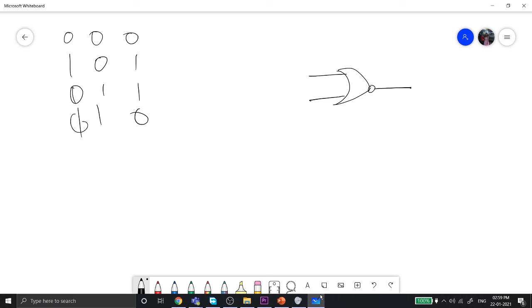Let's connect the outputs of two AND gates. If both inputs are the same, the output should be 0. So to achieve that, what should we do? I'm not really sure. Let's draw two AND gates and see what happens. Oh no, just an AND gate.